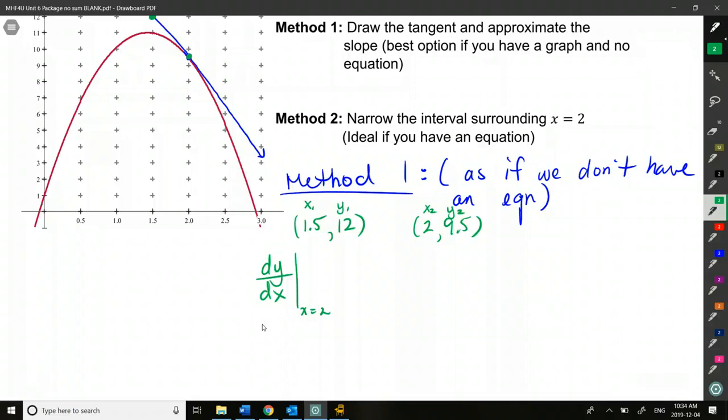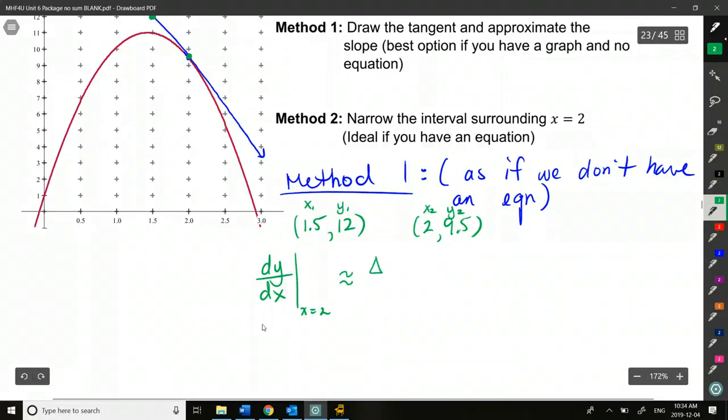Okay, so the way that we're going to do this notation is we're going to say the instantaneous rate of change, so the change in y with respect to x, when x equals 2, so we're telling where we're finding the instantaneous rate of change, is approximately going to be equal to the average rate of change. Or actually, we'll say it's approximately going to be equal to the change in y over the change in x for our 2 points here.